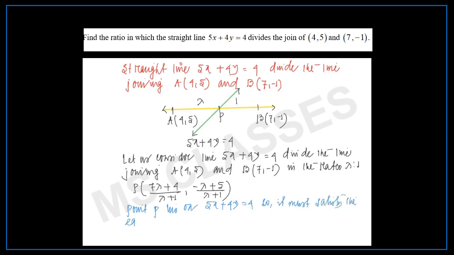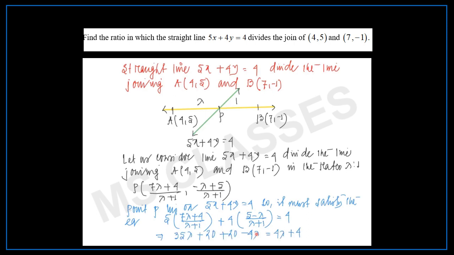So what we get here? 5 into 7 lambda plus 4 by lambda plus 1 plus 4 into 5 minus lambda by lambda plus 1 equal to 4. So we can simplify this one. 35 lambda plus 20 plus 20 minus 4 lambda equal to 4 lambda plus 4.